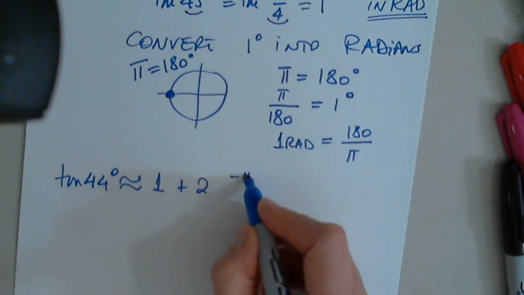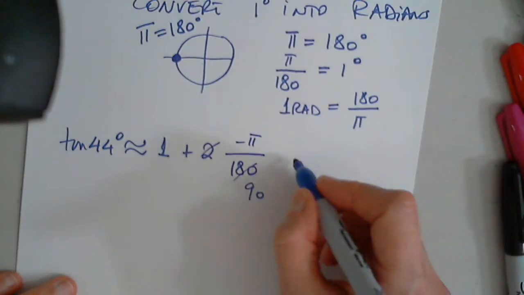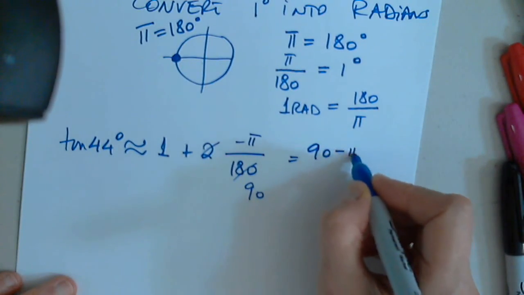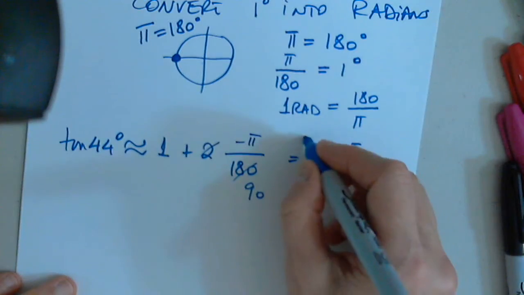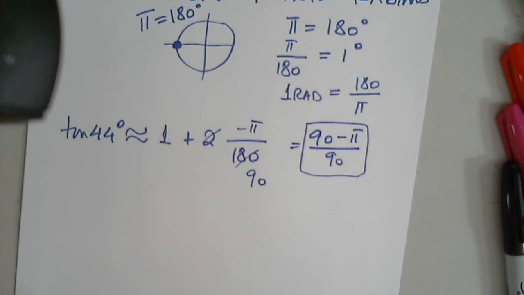Multiplied by negative pi over 180, I will simplify to 90, and I have 1 plus 2 times negative pi over 180, so 90 minus pi over 90. No one is asking you to take this any further, but yes, I am kindly asking you to check your answers. So back to, I'm sharing my screen.